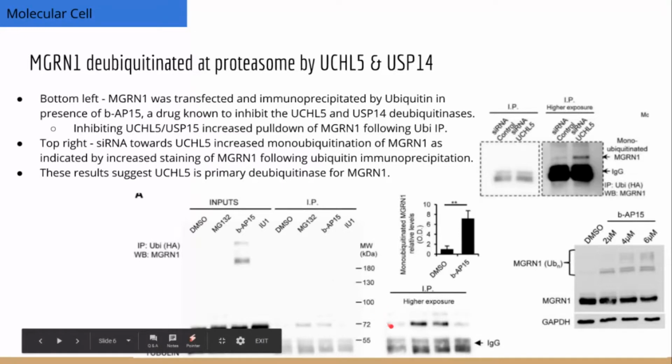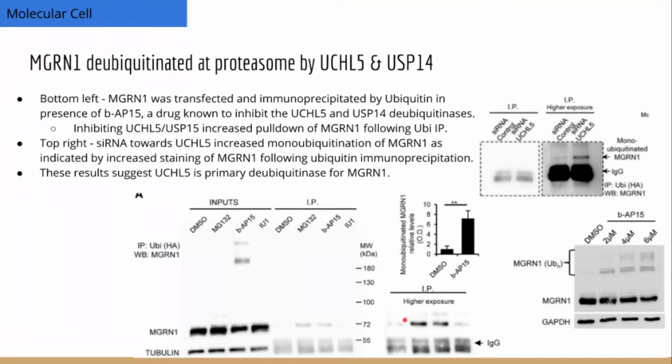So we see, especially under higher exposure, it's kind of hard to see right here, but under high exposure, this is the saline treated condition, so we're pulling down ubiquitin, then staining for MGRN1, so these bands indicate MGRN1. In the saline condition, we see almost no MGRN1 pull down, which makes sense because it's not ubiquitinated.